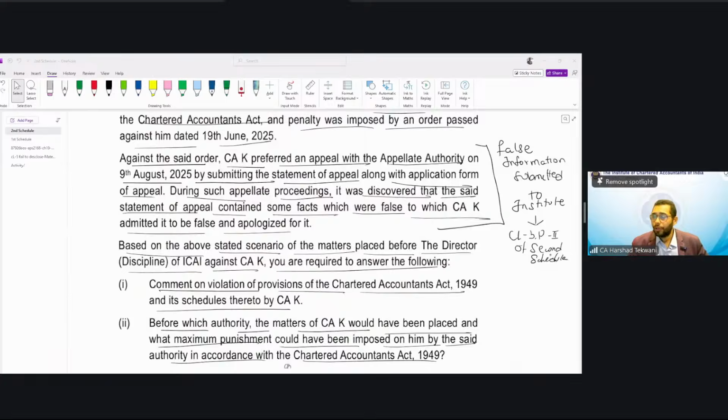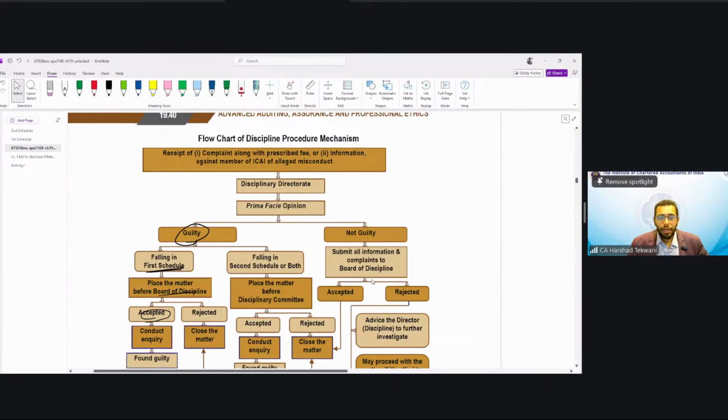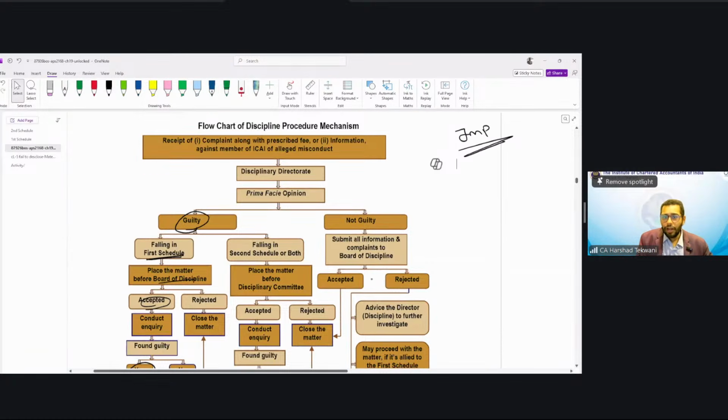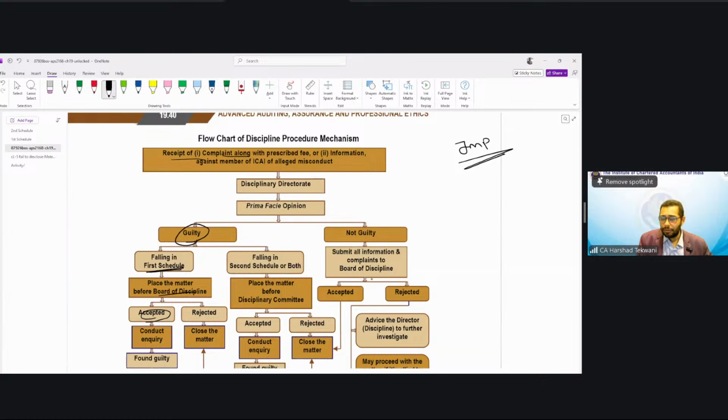Very important. Let's understand the disciplinary mechanism. Whenever there is a receipt of a complaint along with the prescribed fee or information against a CA member, against a member for alleged misconduct, the first thing goes to the disciplinary directorate. And he forms a prima facie opinion whether he is guilty of professional misconduct or not.